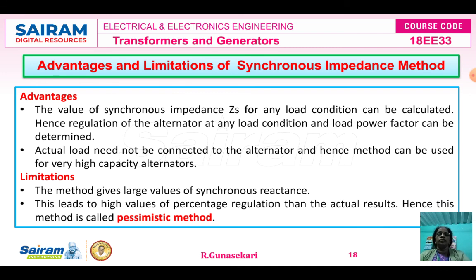I already told why this method is called the pessimistic method: the synchronous impedance method leads to a high value of the percentage regulation than the actual results. That's why this method is also called the pessimistic method.